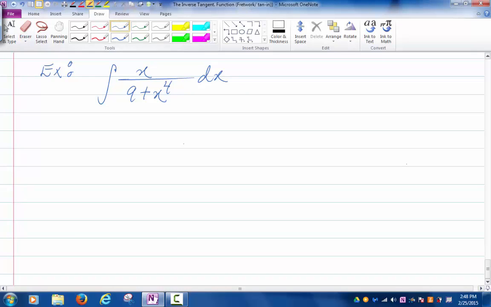So what he's trying to say is that I have that 9 plus x to the 4. If I had 9 plus x squared and if I didn't have that x, then I know what to do. So his goal was to reduce it to look like the first integral that we have seen. So let me write one more line to show you what he's trying to say.